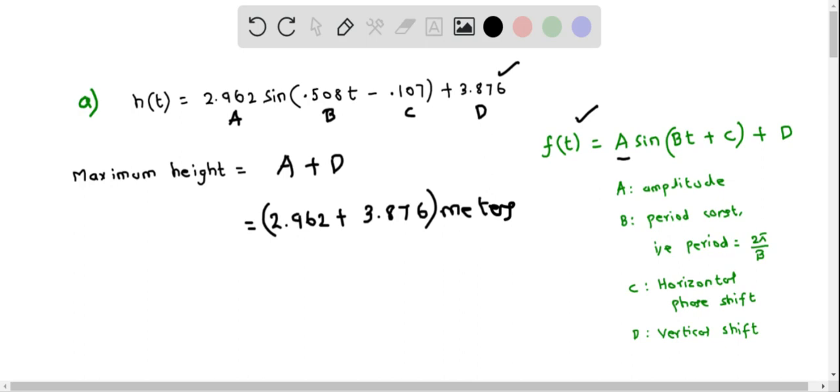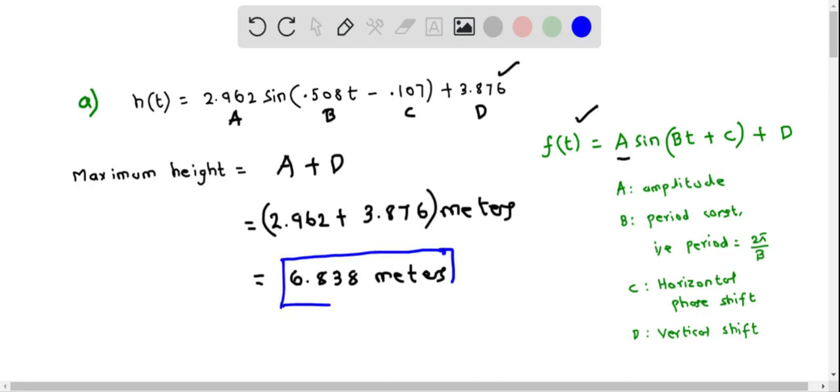Adding this, we get 6.838, and the unit of this height is meters. So the maximum height reached by the tides is 6.838 meters.